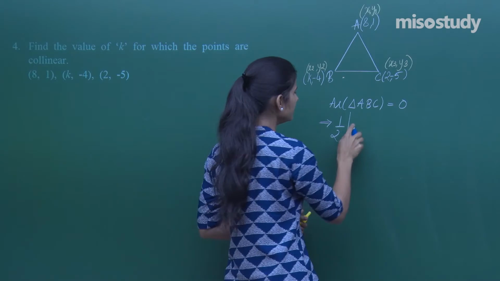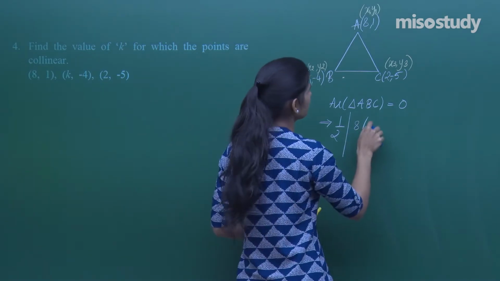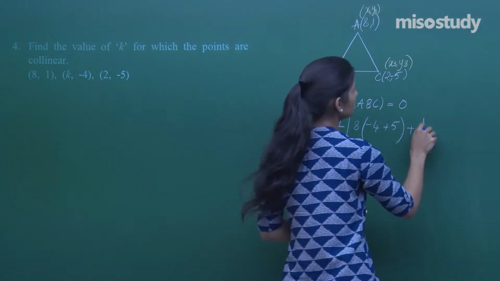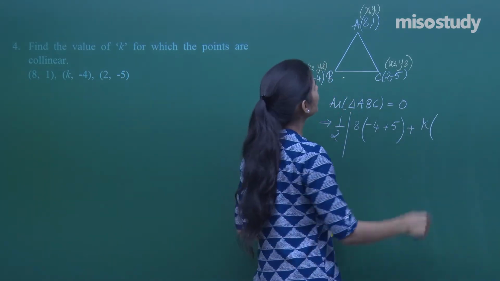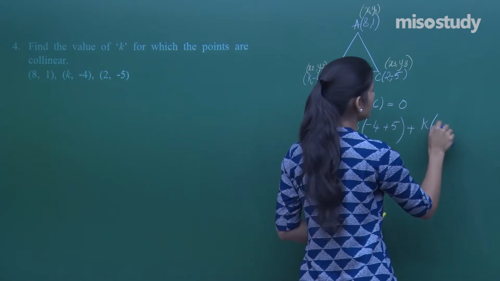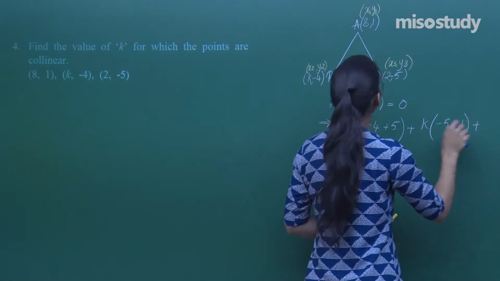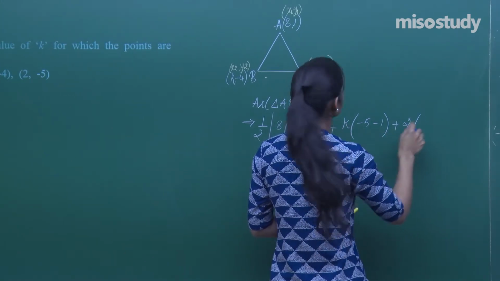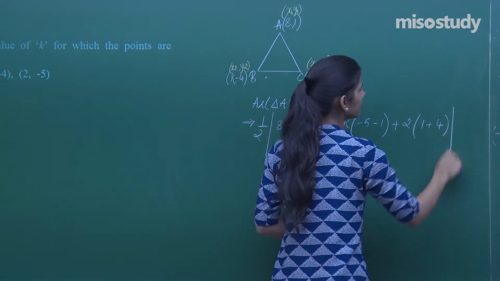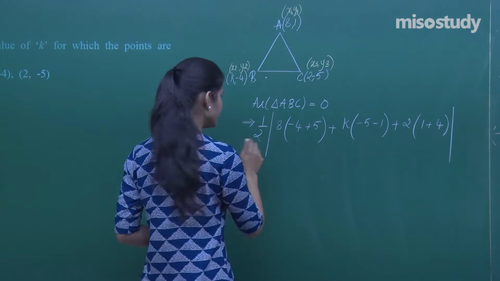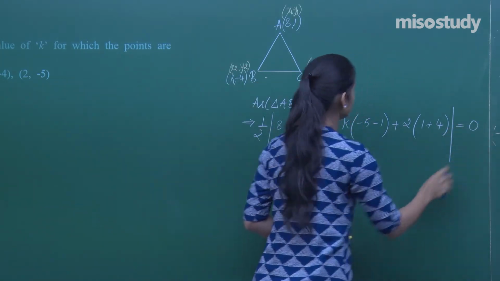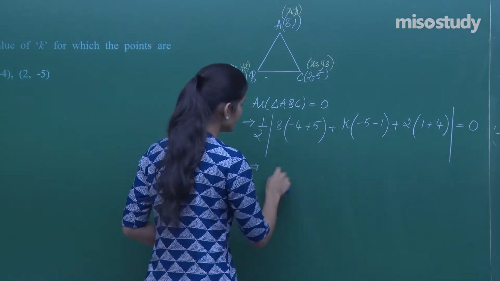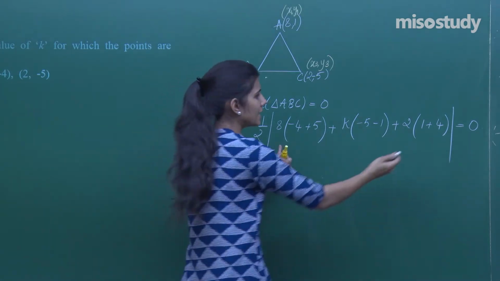So you have x1 (y2 minus y3) plus x2 (y3 minus y1), so minus 5 minus 1, plus x3 (y1 minus y2), mod close. This is equal to 0. So half goes over there 0, mod goes over there 0. Basically mod of anything is 0 means that thing is 0.